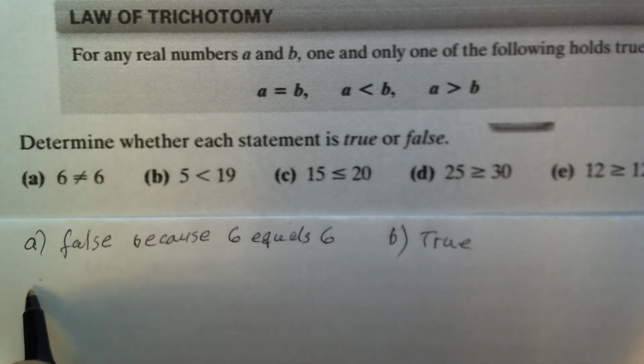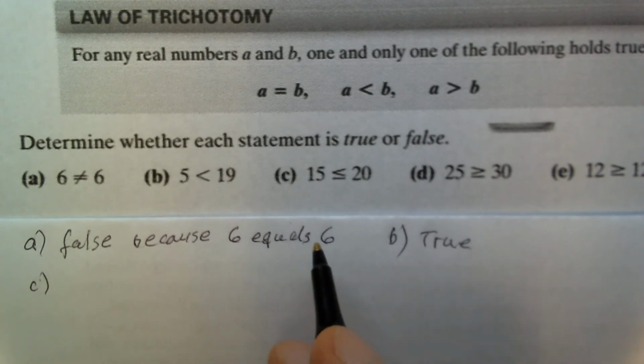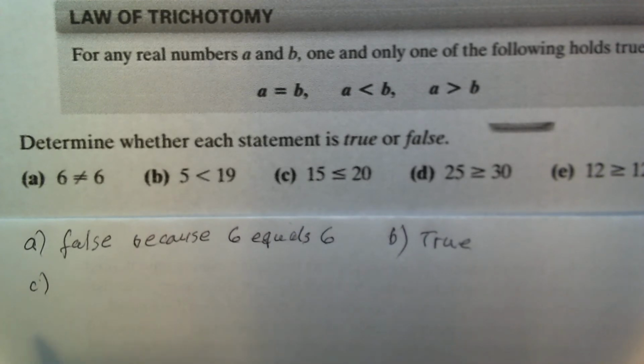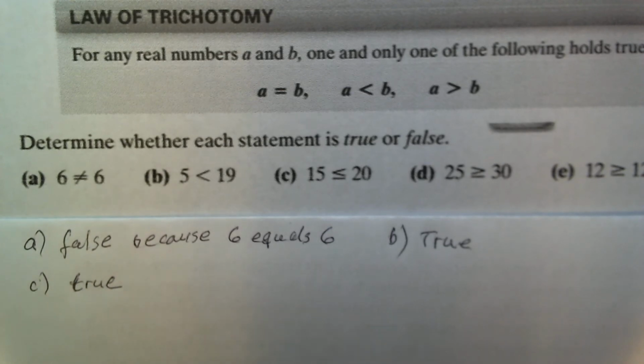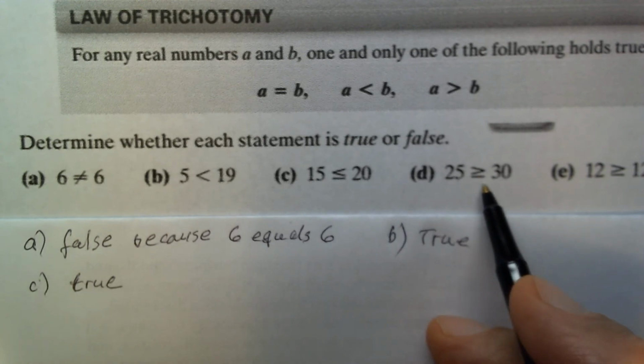And C is 15 less than or equal to 20. So with less than or equal, one of the two can be true, and since 15 is less than 20, the less than applies. So C is true. And D, 25 is greater than or equal to 30.